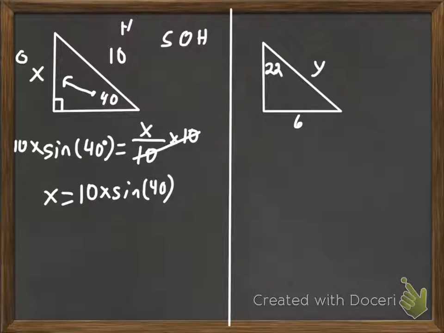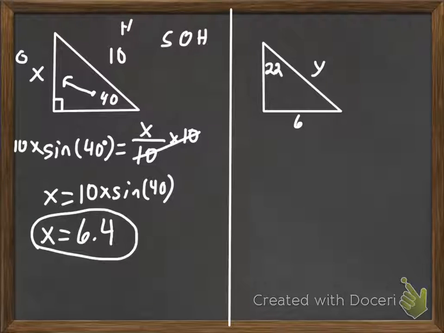That we can put in a calculator, and we get 6.4. So the length of that side is 6.4 units. Now, when you're doing this, you can kind of check what you're doing.